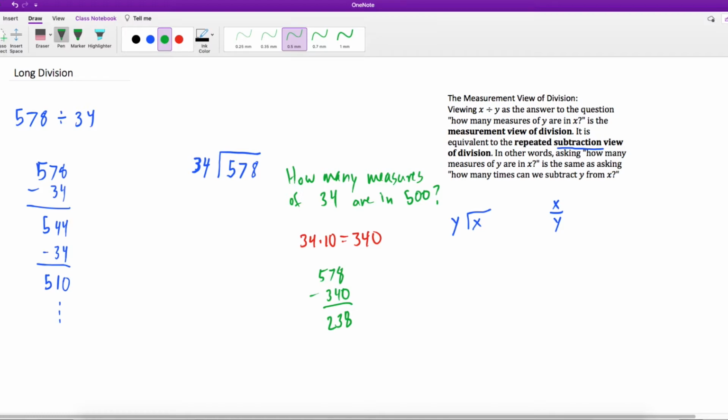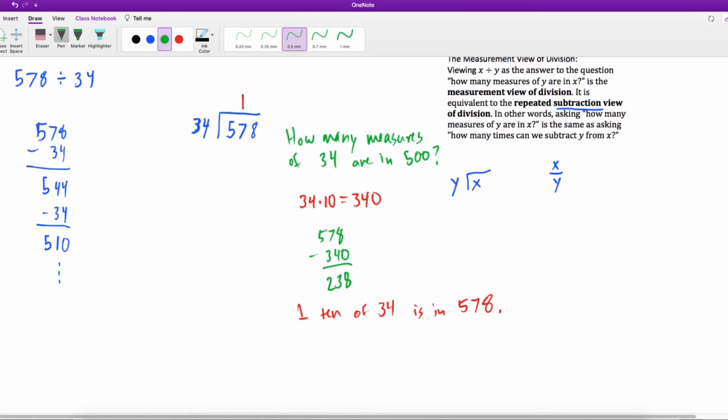So that means that's the maximum number of 10s we can fit in, 1 ten. So that means we only have a 1 in the tens place.